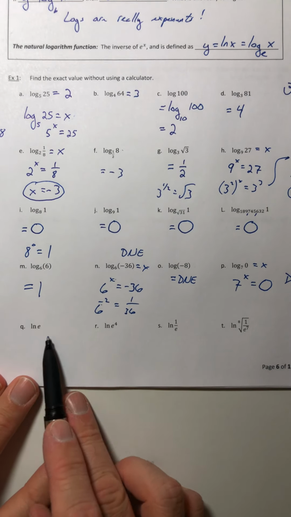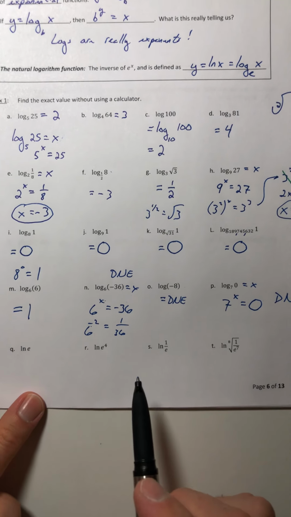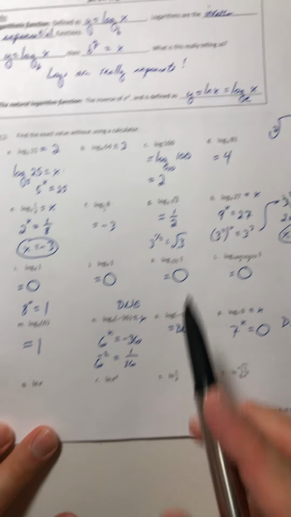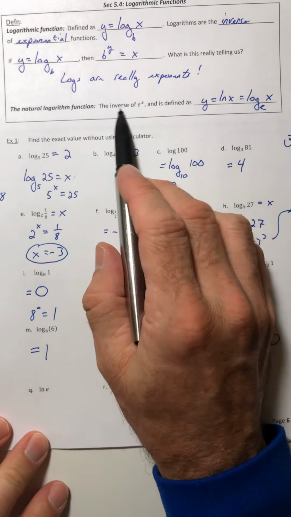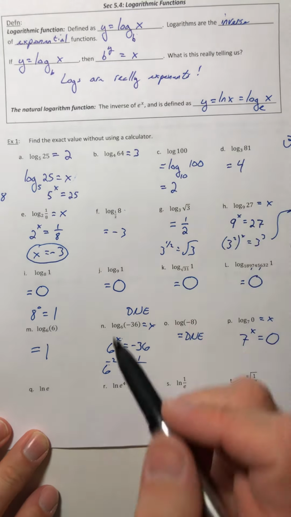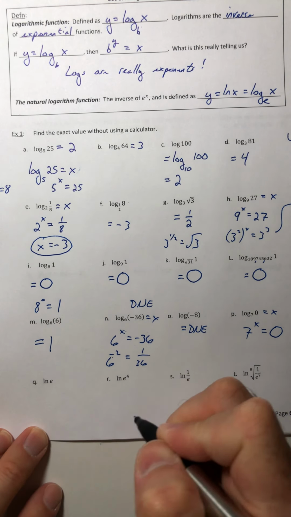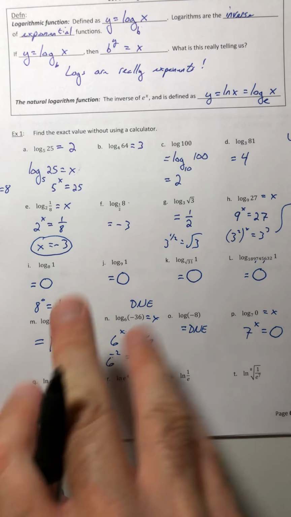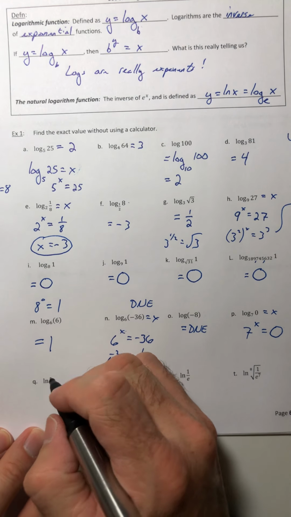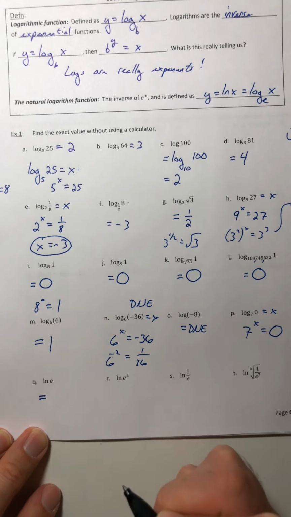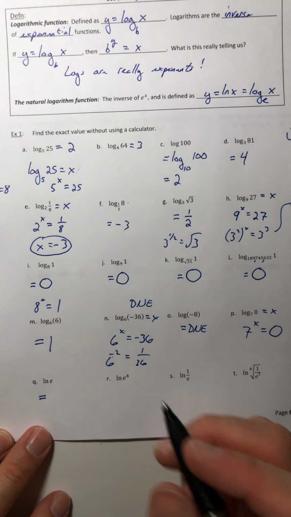Okay, this last line talks about the one log we haven't looked at yet, and that's the natural log. It's the inverse of e. So if you have an ln and an e together, they're inverses. When you have an inverse and its function plugged into each other, they cancel each other out. Well, if they cancel each other out, what is left?